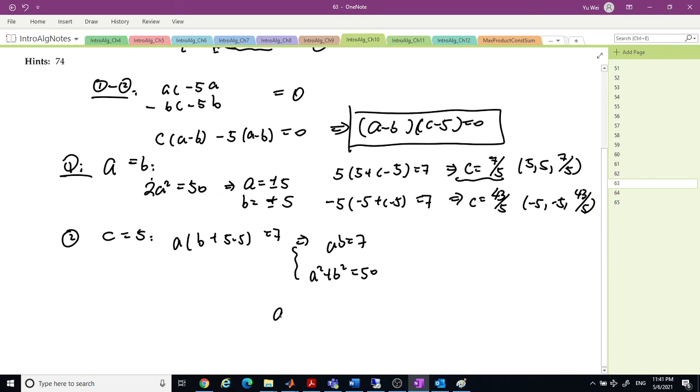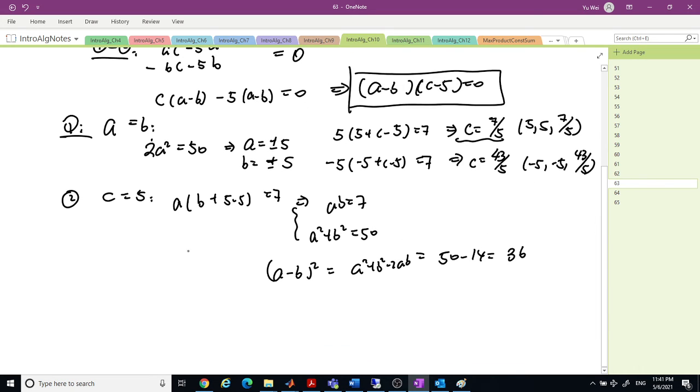What is A minus B squared? It's equal to A squared plus B squared minus 2AB, which is 50 minus 14, equal to 36. So from here, A minus B is equal to plus or minus 6.